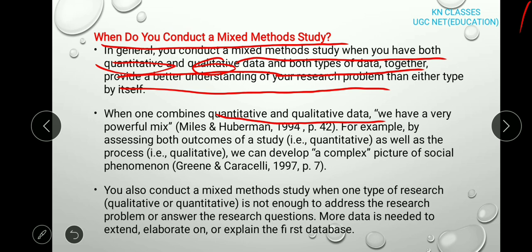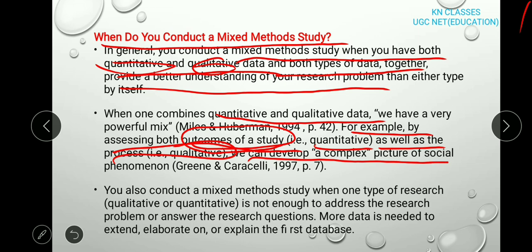For example, by assessing both the outcomes of the study, which are quantitative, in numerical terms, as well as the process, which is qualitative, we can develop a complex picture of social phenomena.